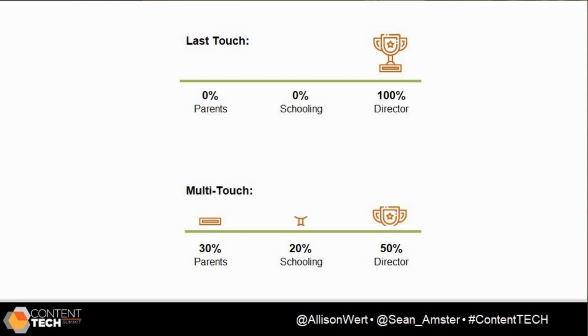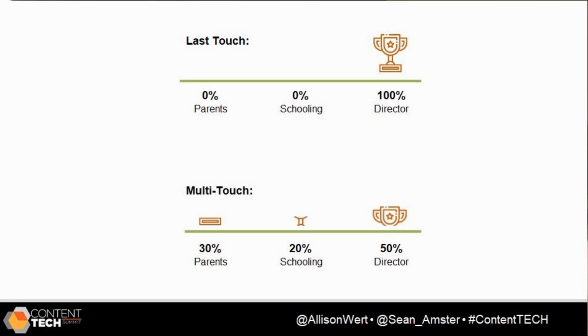I wanted to explain the difference between last touch and multi-touch. Let's say a director wins an Oscar. In a last touch methodology, the director would get 100% of it. He made the film, he directed it, he gets the complete award. In a multi-touch model, you would say, yeah, the director was important.